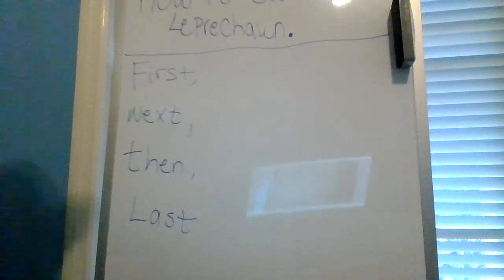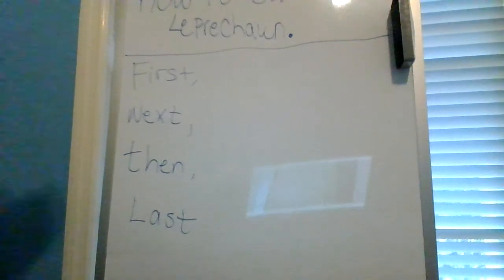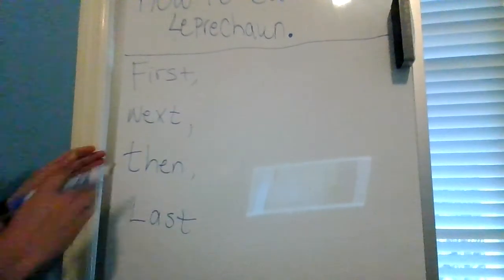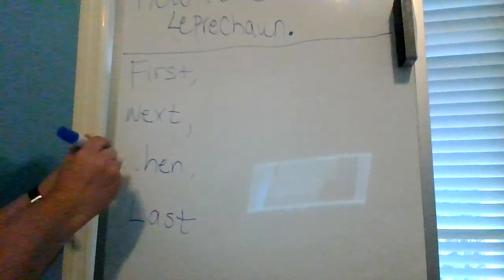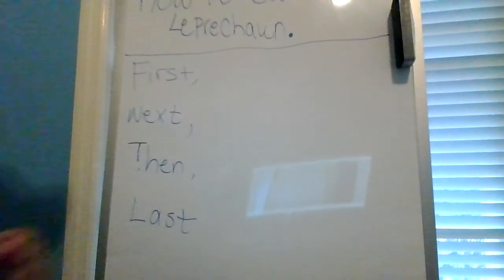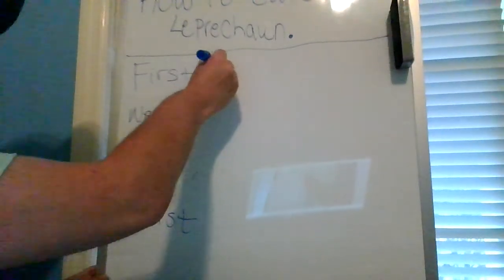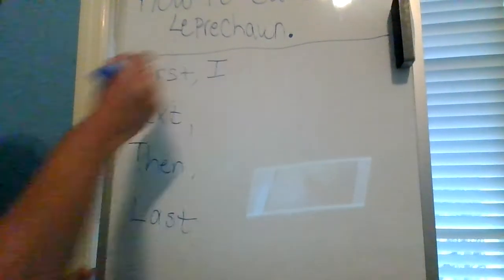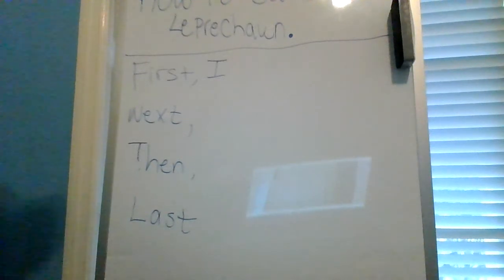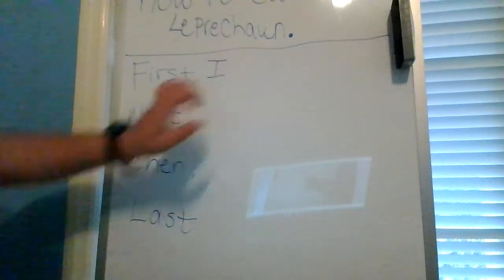Now, we've talked about this too. If we use the pronoun I, it is talking about somebody. So even though it's not the first letter of the sentence, it's still somebody's name. It's your name. And you are important, boys and girls. So you need to capitalize the I. But that is the only I that you need to capitalize in your sentences, if you're talking about yourself.